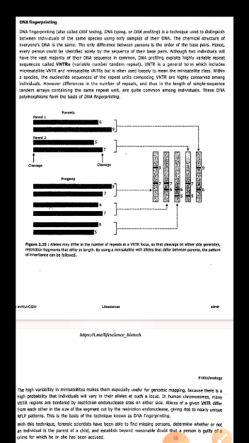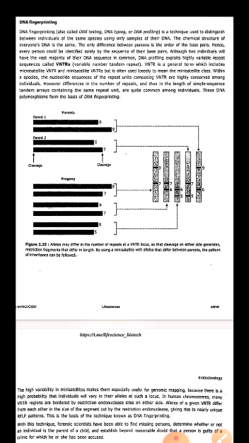Higher variability in minisatellites makes them especially useful for genomic mapping. So there is a high probability that individuals will vary in their alleles at such a locus. Usually VNTR regions are bordered on either side by restriction endonuclease sites.